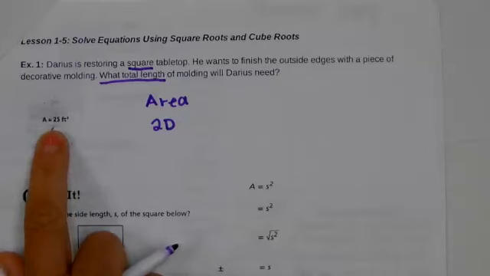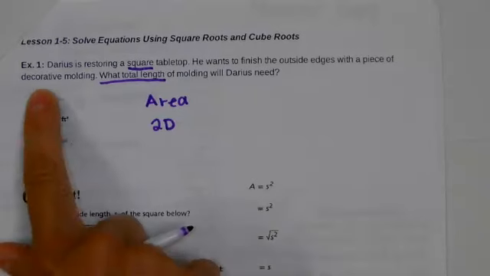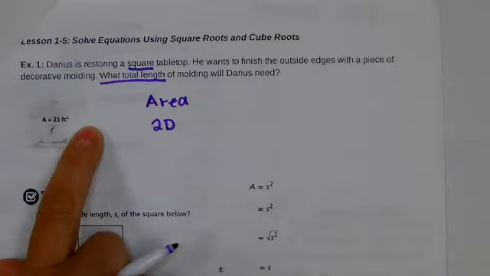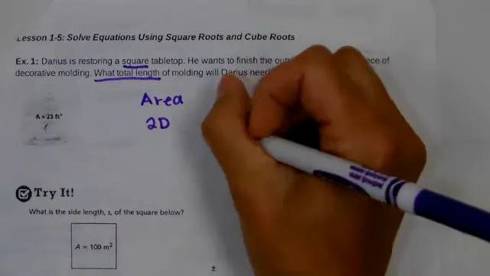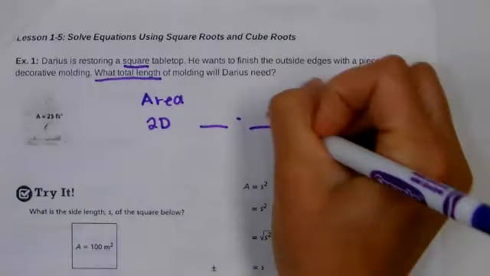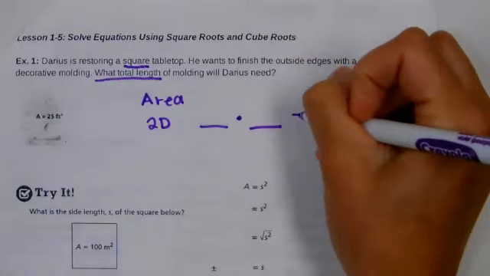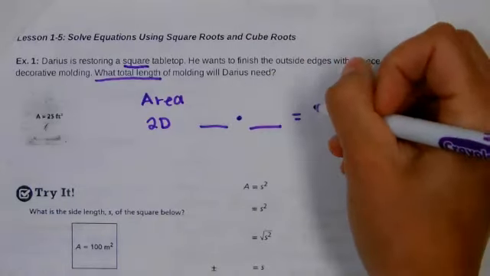It's 25. So if we're working with two-dimensional and we're trying to find the side length, am I going to do two numbers times themselves or three numbers times themselves? Two, right? 2D means we're looking for two numbers times themselves. And what's our total going to be? 25.